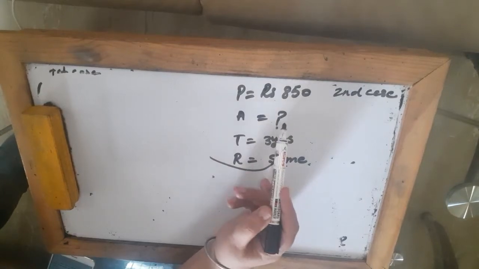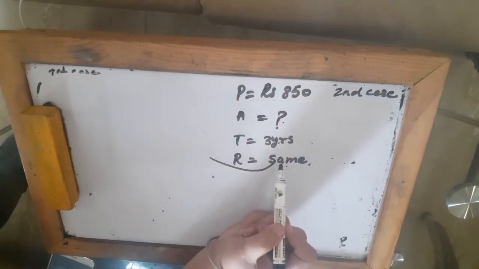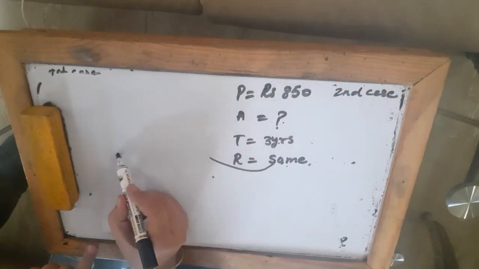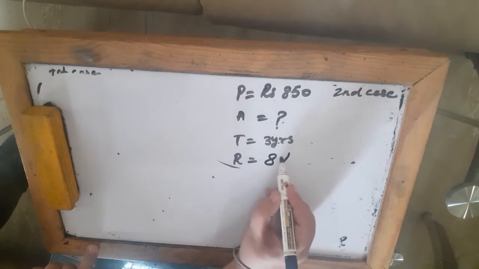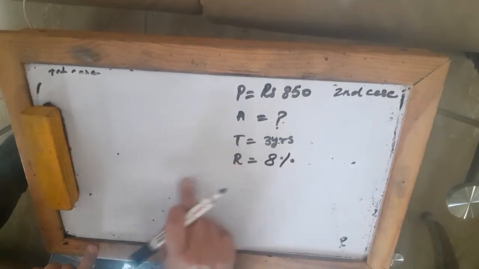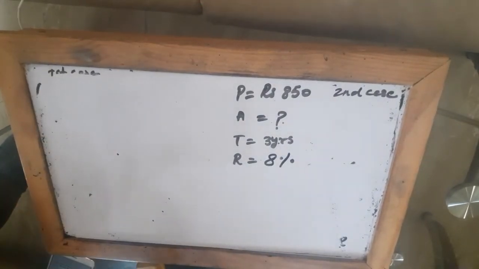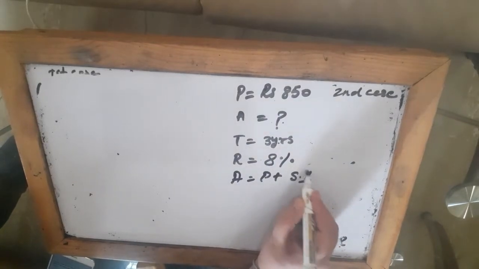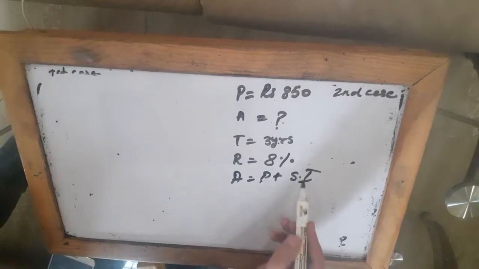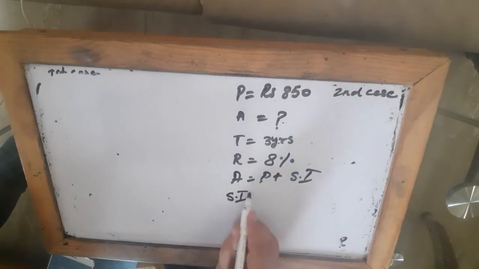What will it amount to in 3 years at the same rate of interest? The rate of interest I found was 8%. So now I will find the amount, and amount is principal plus simple interest. So principal I know and simple interest I have to find.